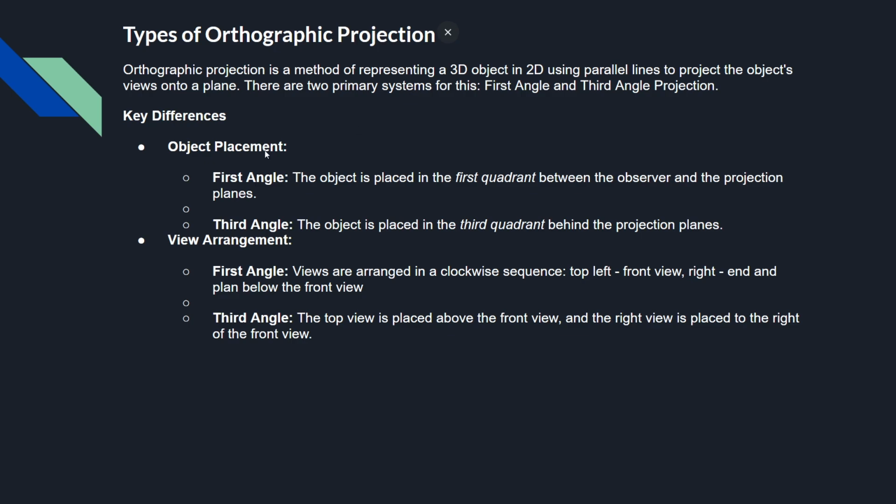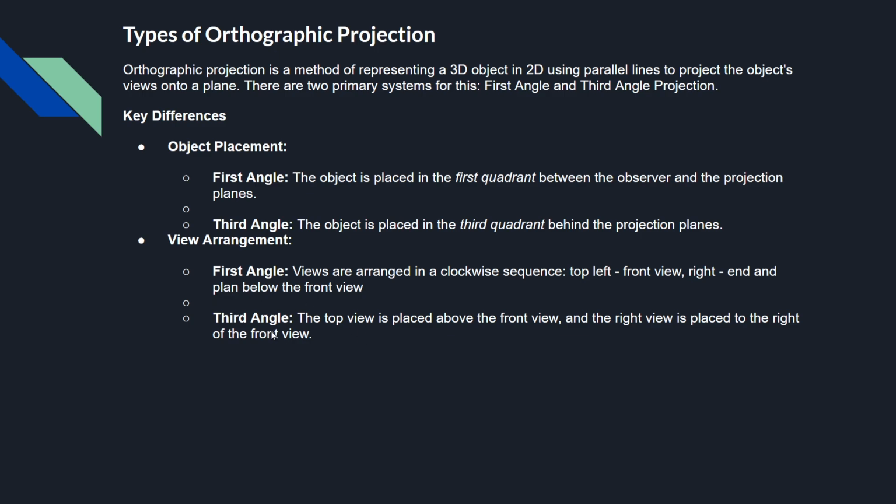So we have two types of orthographic projection. We have first angle and we have third angle, and the difference between the two is basically the view arrangement here, which I'm going to show you just now. Alright, so for the first angle, the views are arranged in a clockwise sequence, where at the top left you would have the front view, towards the right you would have the end view, and right below the front view you would have the plan.